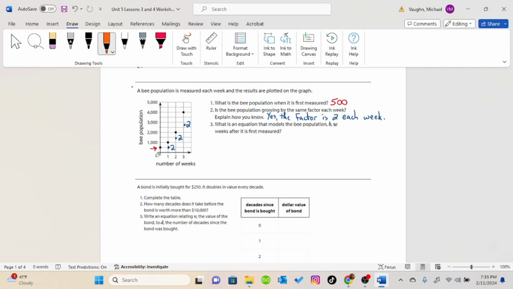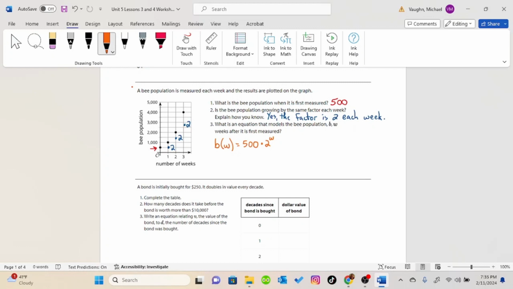So if I want the bee population, then B of W equals the initial population of 500 times 2 to the power of W. This tells me I'm going to double it the number of times as weeks pass, and then I'm going to multiply by 500.